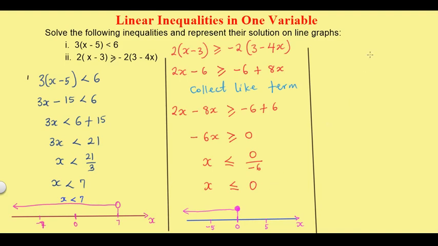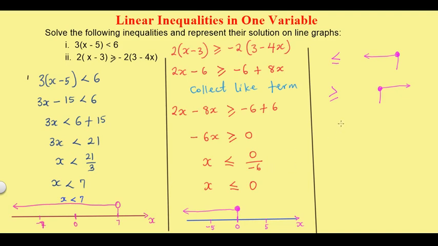So whenever we are representing something of less than or equals to on a number line, it follows this pattern. Inclusive, this place is shaded. If it is greater than or equals to, it is done this way. This is shaded.